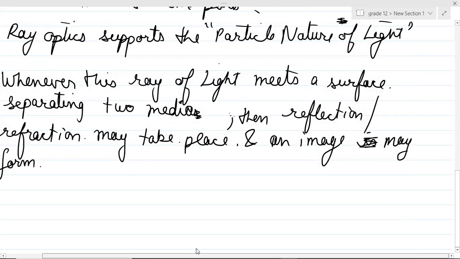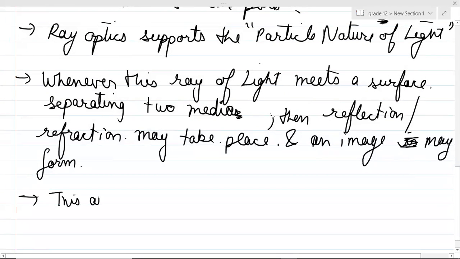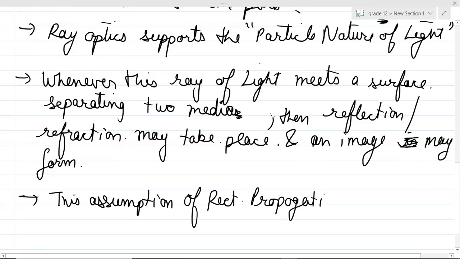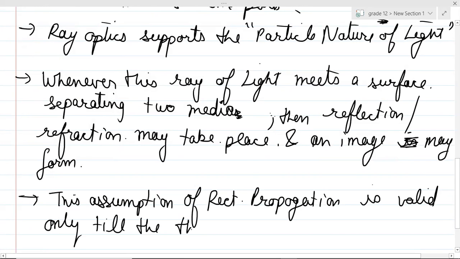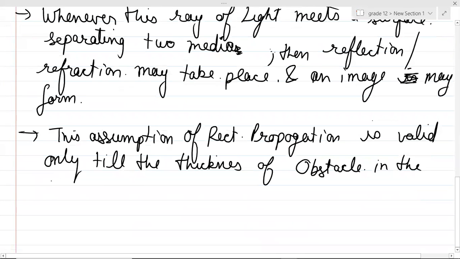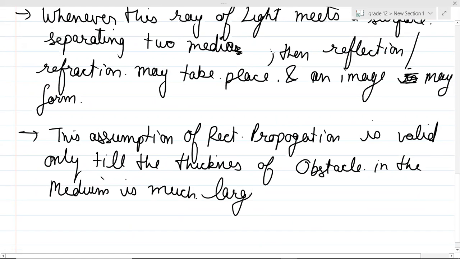Acha, one more thing: this assumption of particle nature, where light travels in a straight line, this assumption of rectilinear propagation is valid only till the thickness of the obstacle in the medium is much larger as compared to its wavelength.